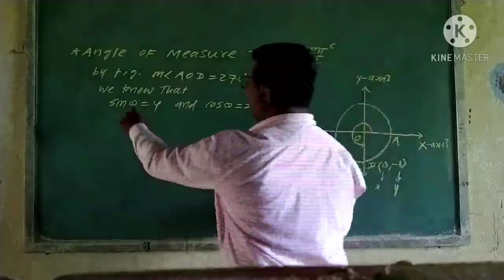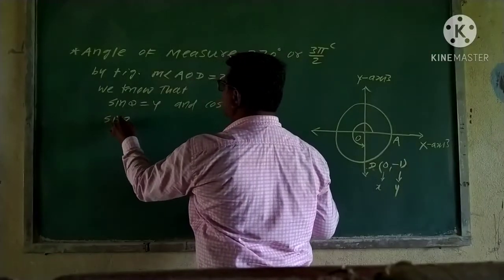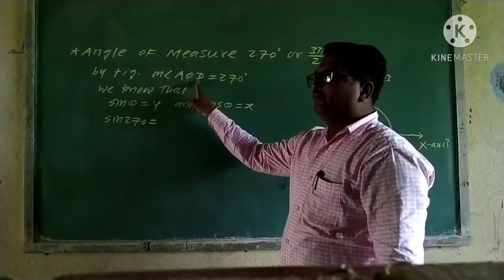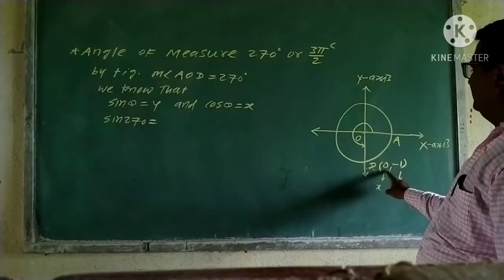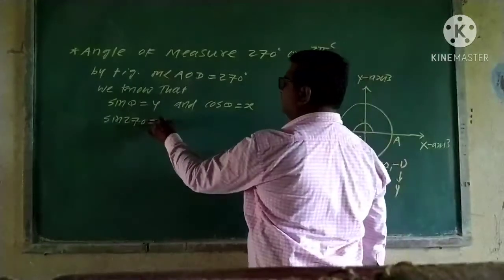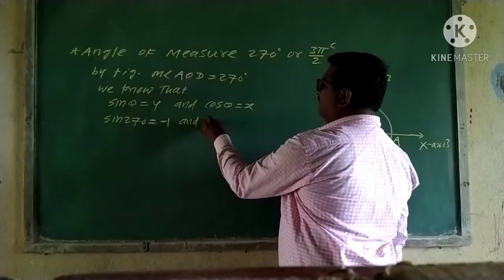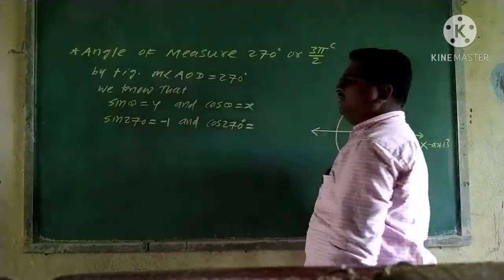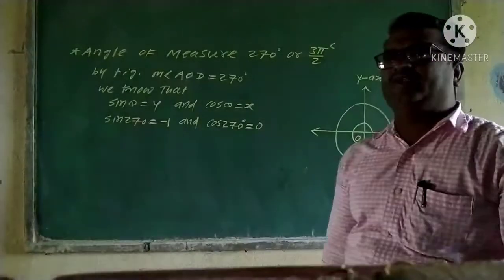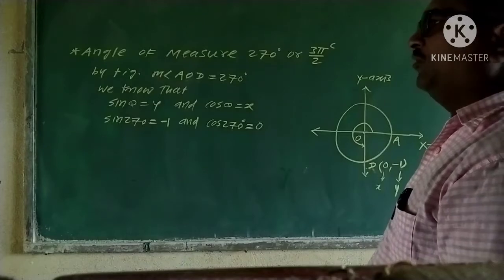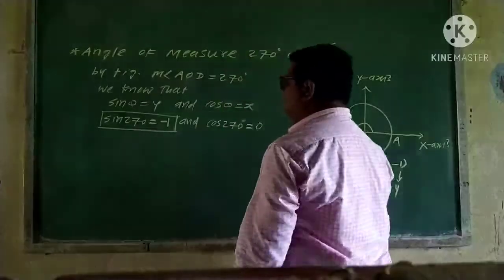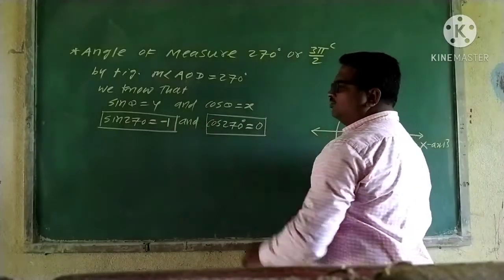Here theta is 270 degree, OD is the terminal ray, and the coordinates of D are (0, -1). So sine of 270 degree equals -1, and cos of 270 degree equals 0.